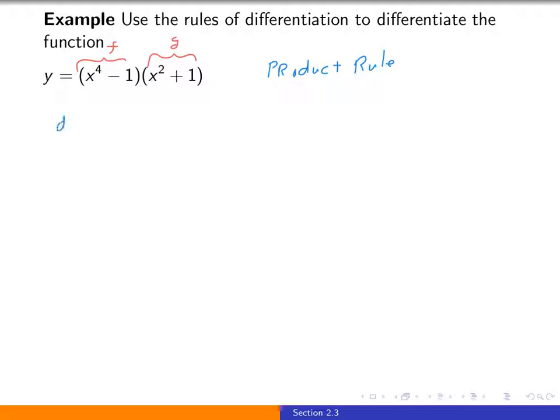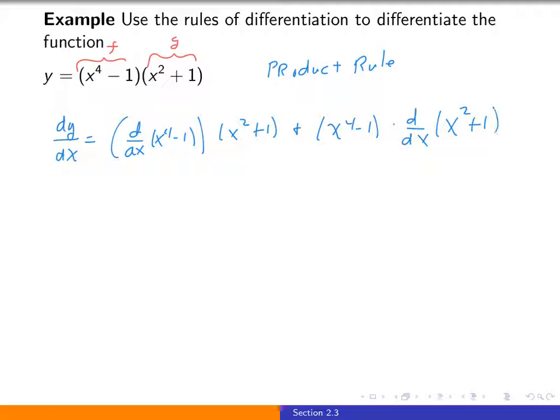So the product rule tells us that we take the derivative of the first, the derivative of x^4 - 1, times the second function, plus the first function times the derivative of the second.